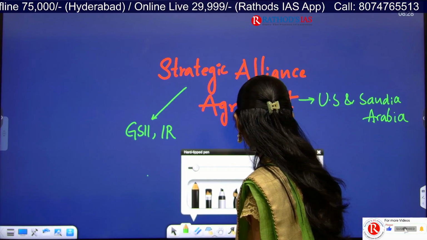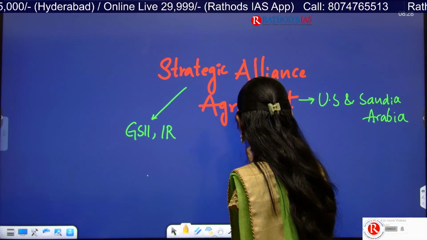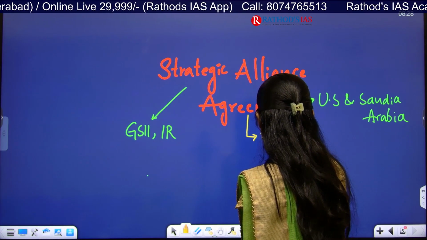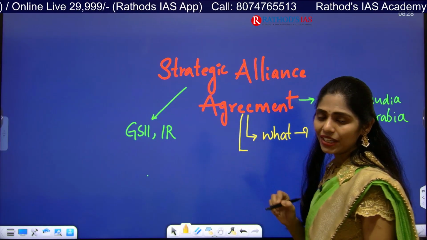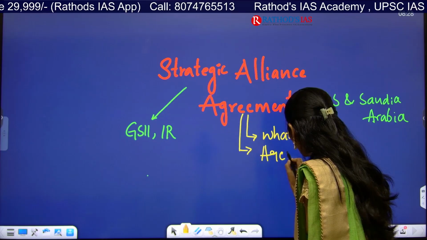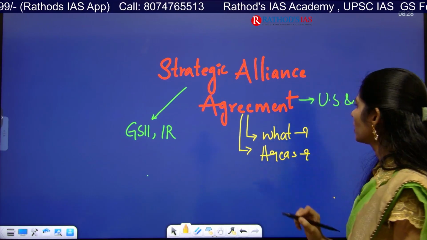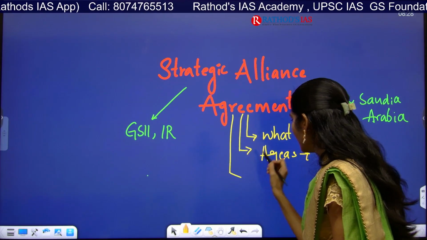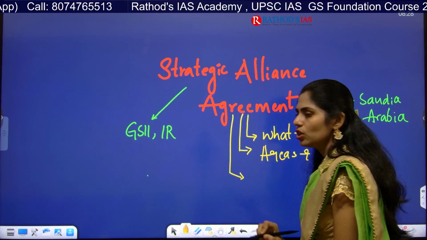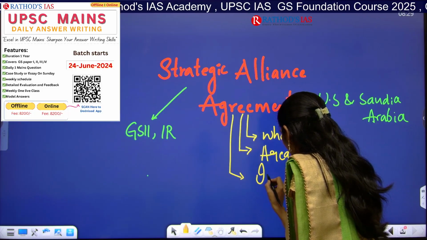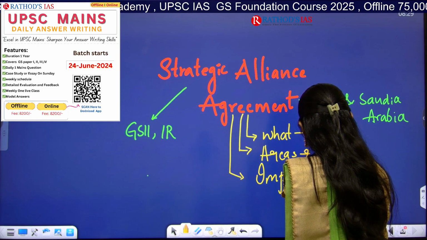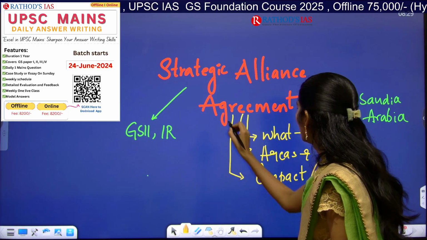So let me give you the dimensions that you have to focus on. First, what is this agreement all about. Next, you have to see in which areas they are focusing. And the next important thing is you have to see what is the impact or what are the advantages.